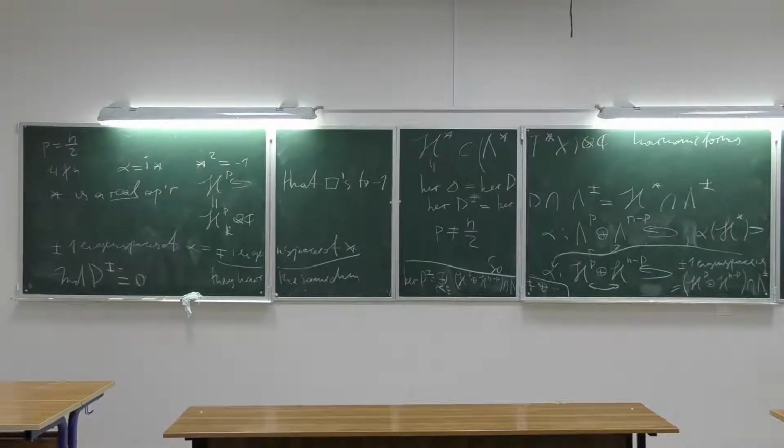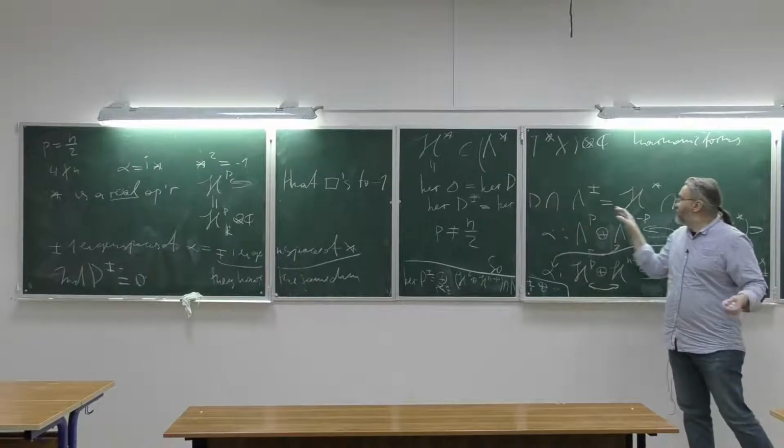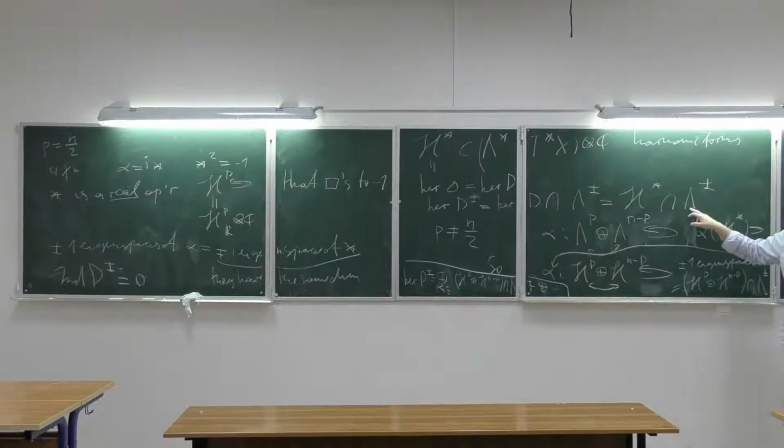We want to calculate the harmonic forms intersected with the sections of lambda plus and minus. Now, what are these?